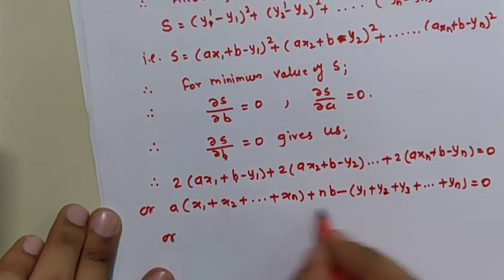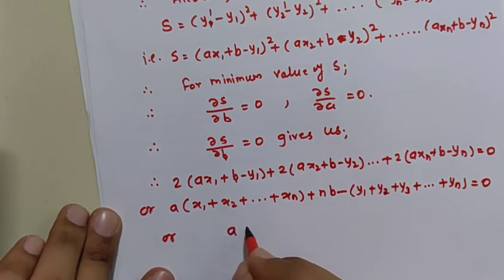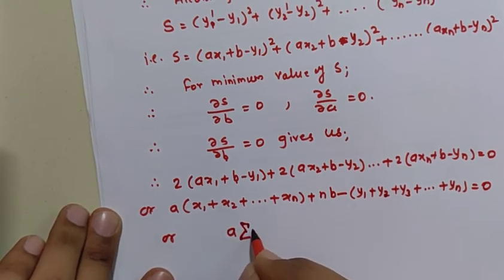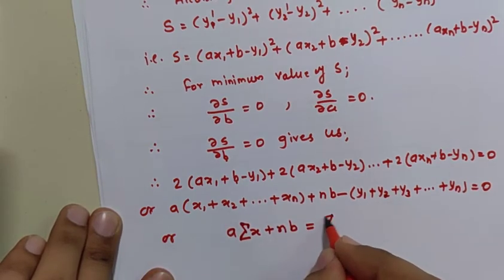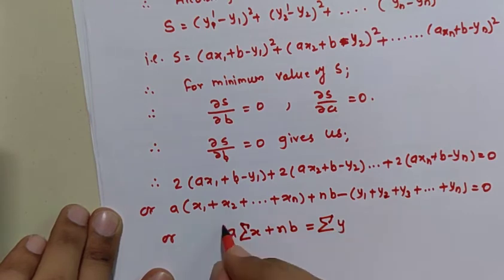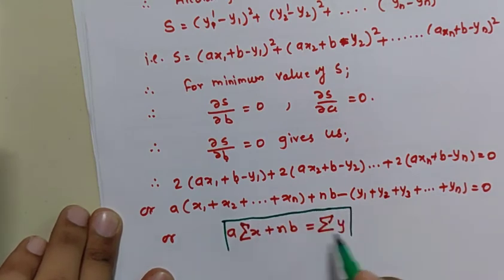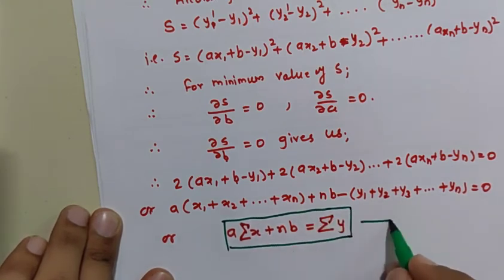Or we may write this expression like this: a summation x plus nb is equal to summation y. Call this equation 1.